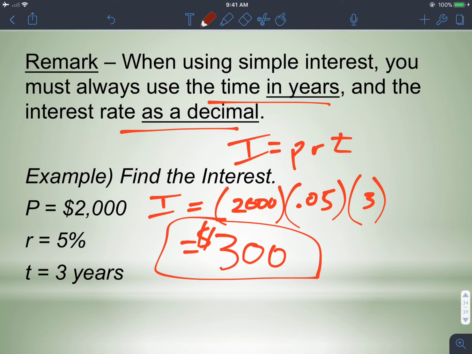Let me try again. 2,000 times 0.05. I got 100. And then times 3. Yeah, please try it and make sure you can get that.